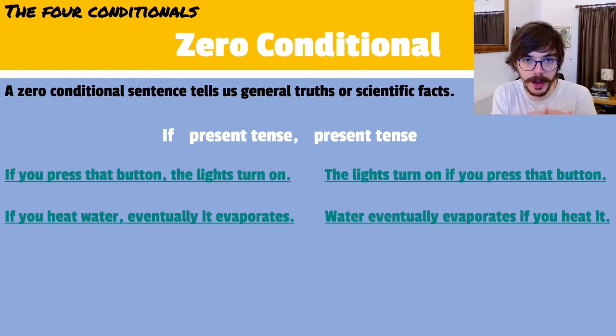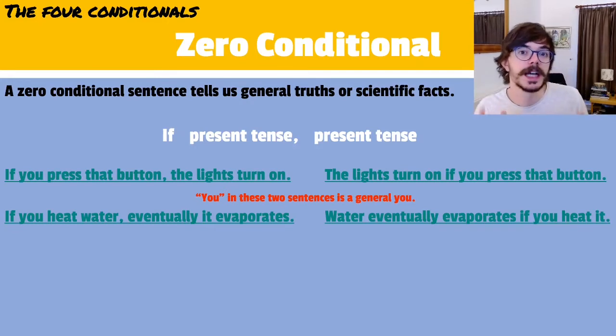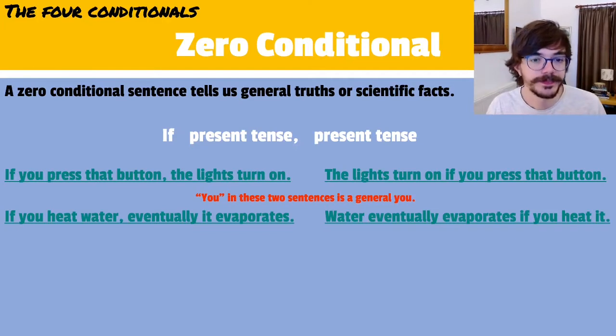We can do either way. And just to point out that you in these sentences is a general you. It doesn't mean you specifically, it could be anyone. If you press the button, the lights turn on. It means any person. If any person presses that button, the lights turn on.